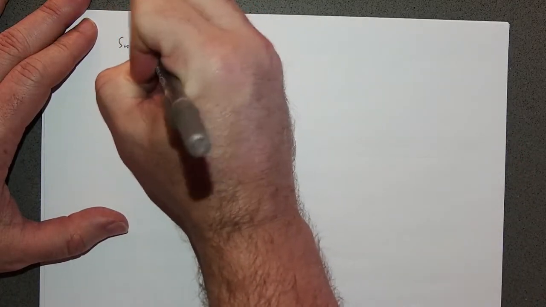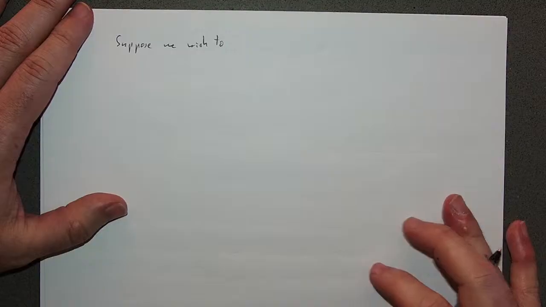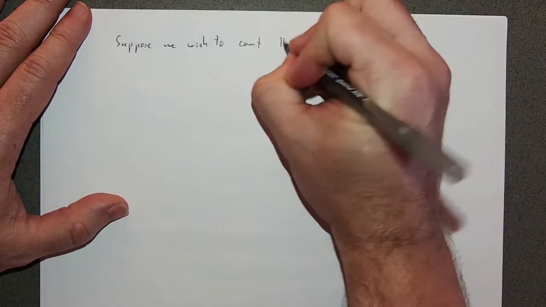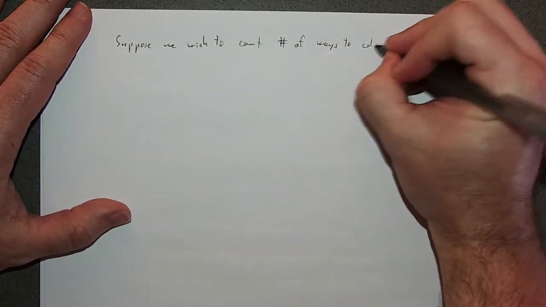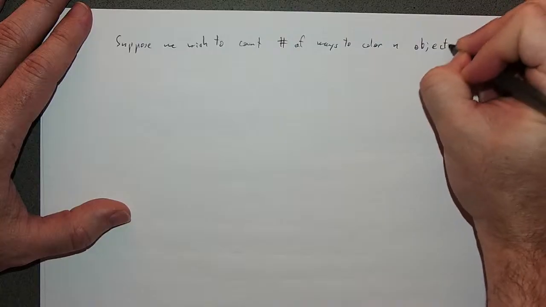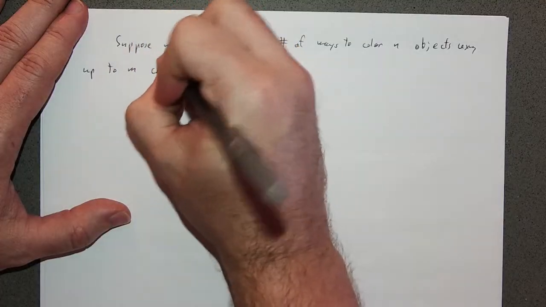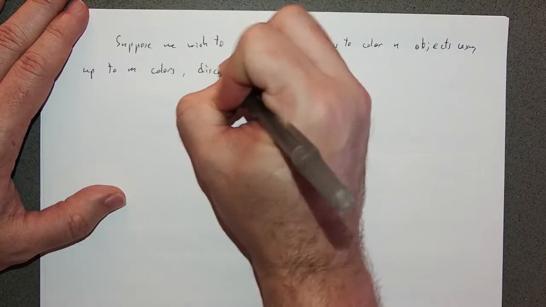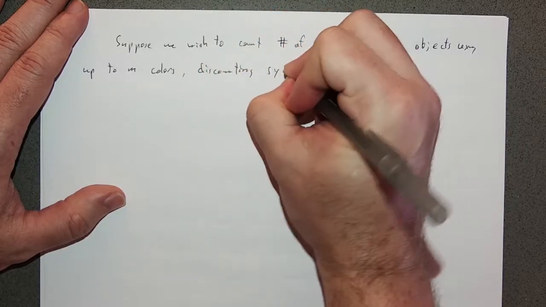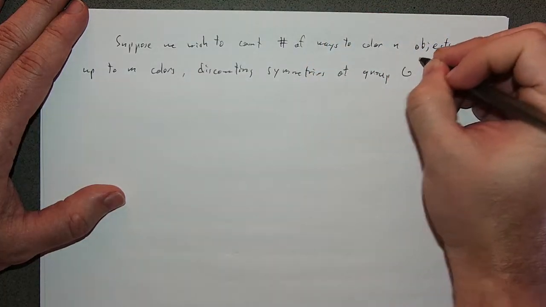Well, suppose we wish to determine the number of ways, so to count the number of ways, to color in objects using up to m colors, discounting symmetries of some symmetry group G.